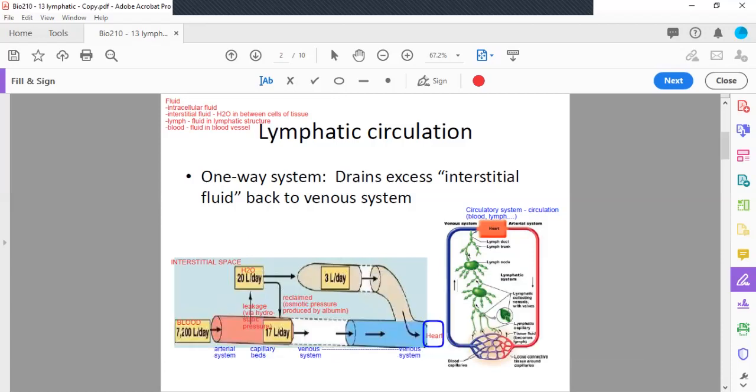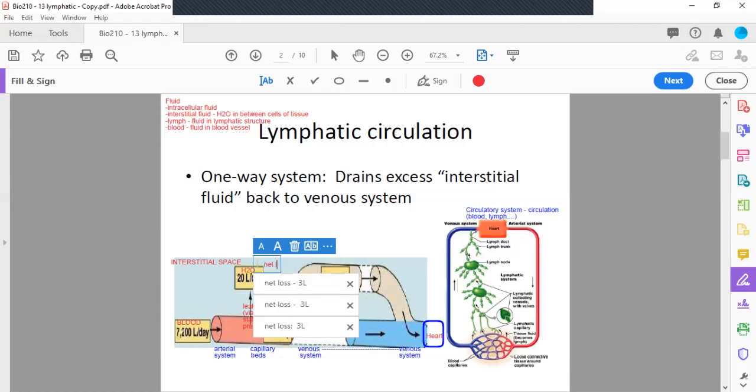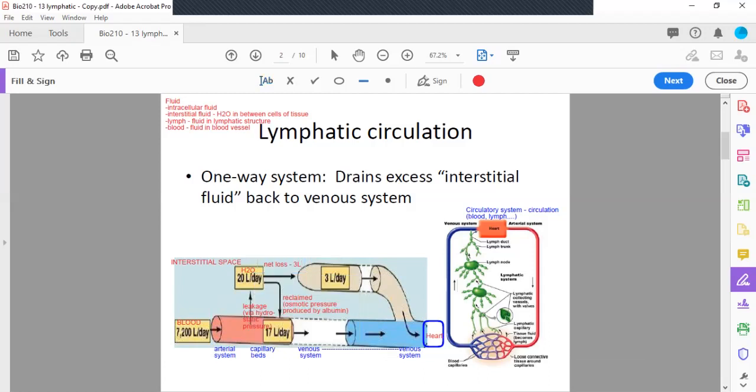So if you have 20 liters leaking out and you only reclaim back 17, that means there's a net loss of 3 liters. So we can say net loss of 3 liters. So the 3 liters that we have now is known as the interstitial fluid.